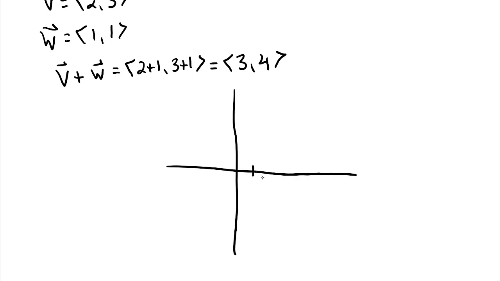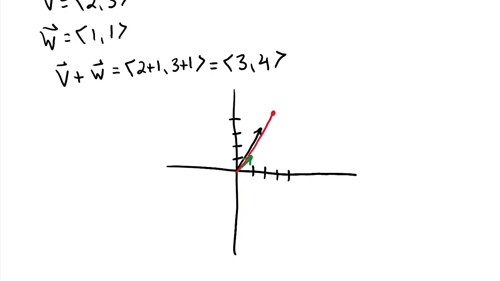Okay. So if we look at what's happening geometrically, it's a bit interesting here. The first vector is 2, 3, so it would look like this with initial point at 0, 0 and terminal point at 2, 3. And then we have 1, 1, which is this vector here. So then their sum is at 3, 4.